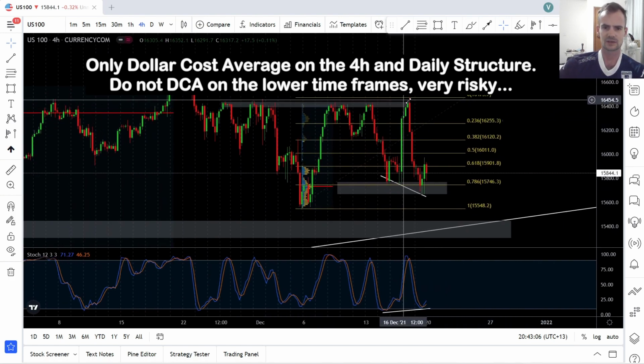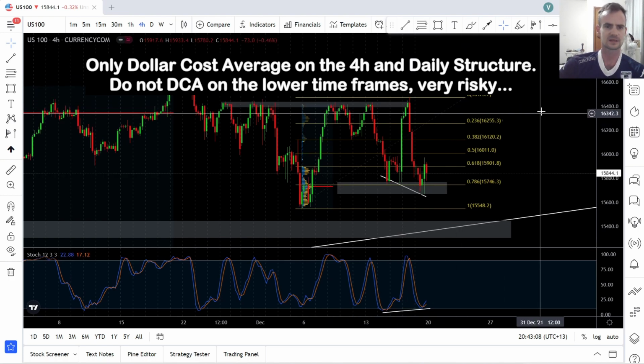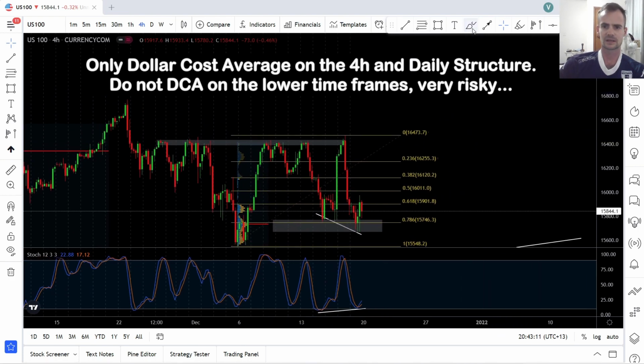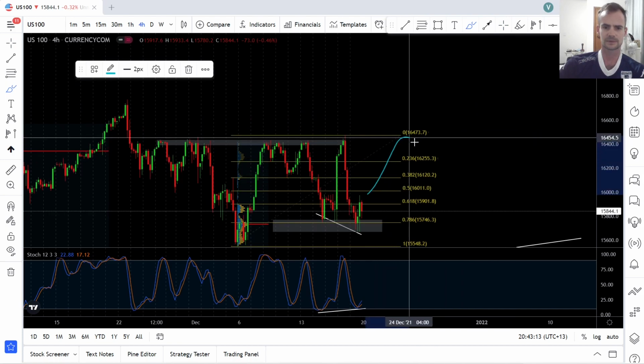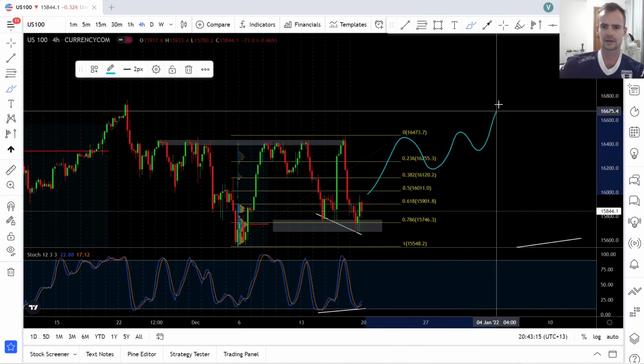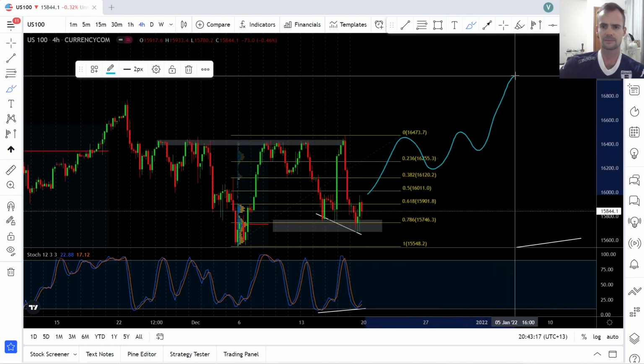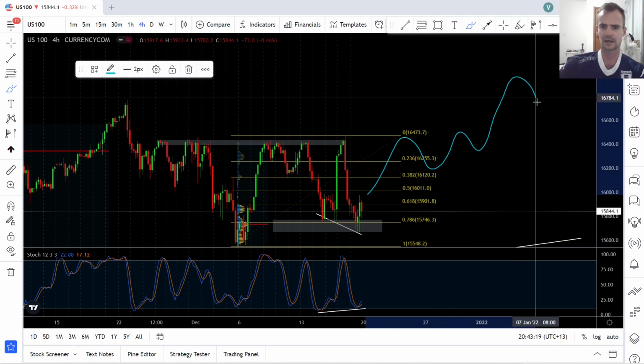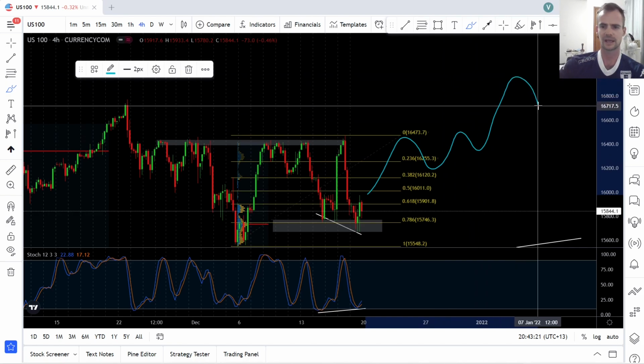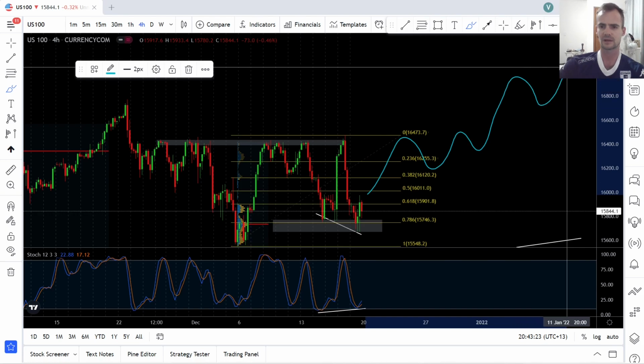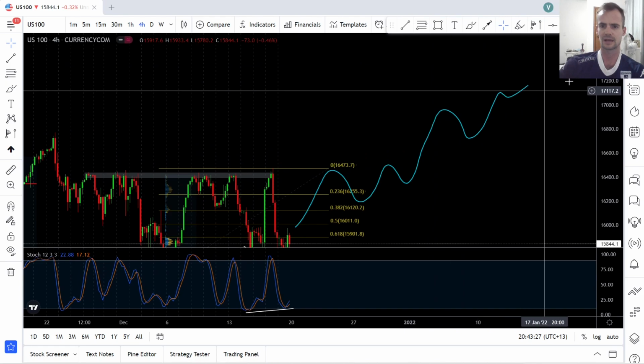Or maybe you can just target this level and pull out, but we might see something like this. Basically, price pushes up and it may break above the all-time high, come back, and that all-time high may act as a support zone, and then we may see the price carry on pushing higher up.